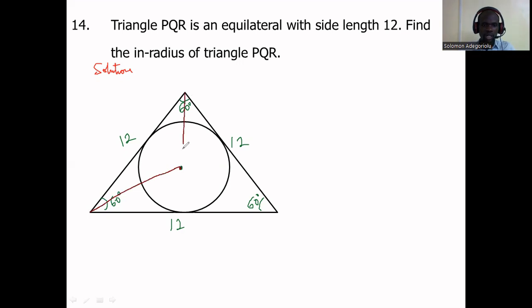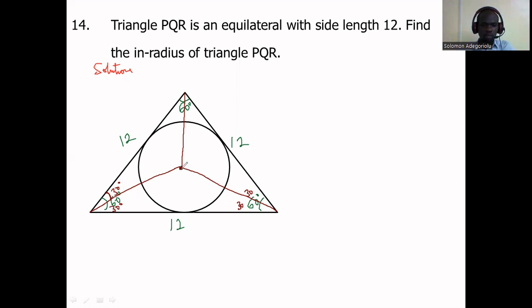Also from here, I'll draw a line down to the center, and from here goes to this angle here. So automatically this angle here is 30 degrees, okay? And this is 30 degrees because this line bisects this angle into 2 equal parts, okay? And this is also 30 here, and here is also 30 degrees.